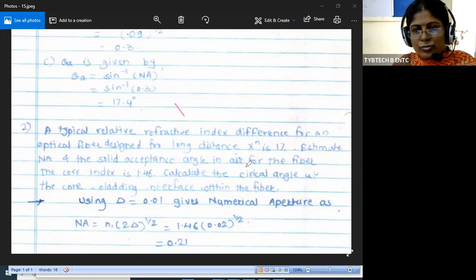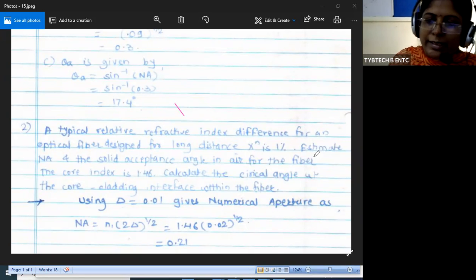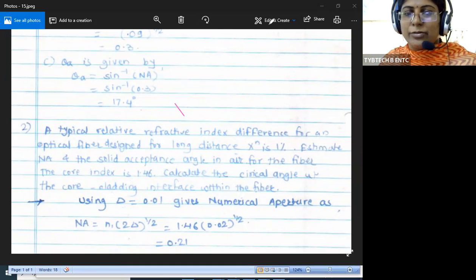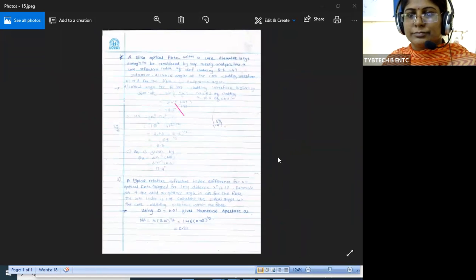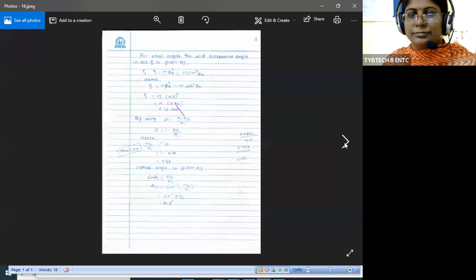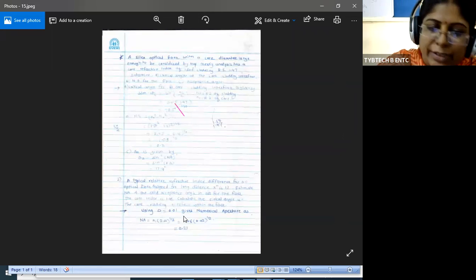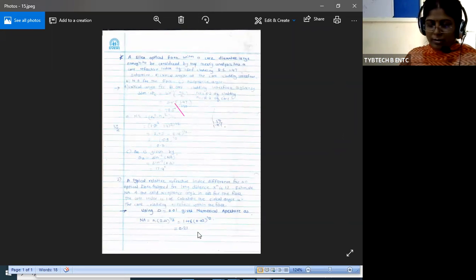From the value of N2 you can calculate the value of the critical angle. First tell me the value of N2. Here a new method is given, but we will not follow that. We will use the simple one only, whatever we have seen.